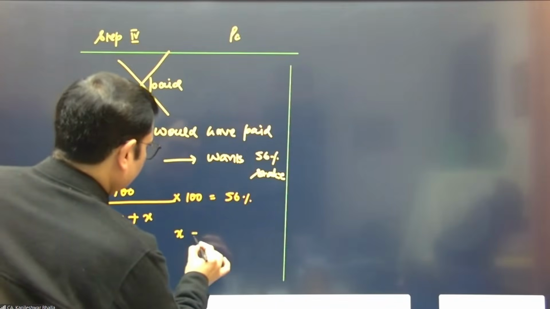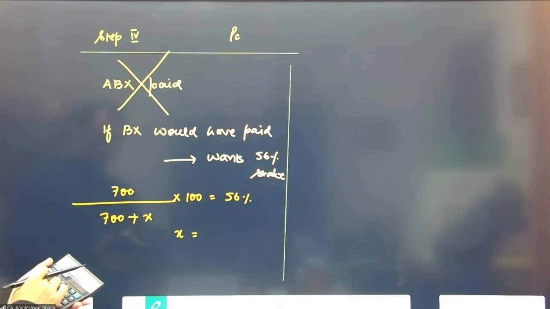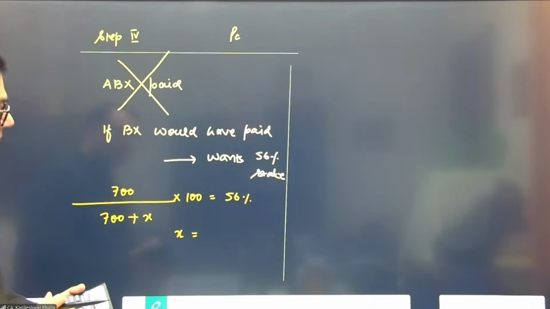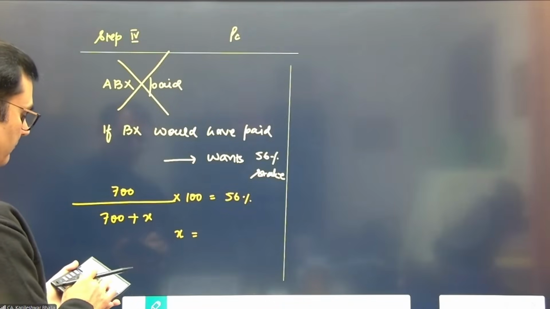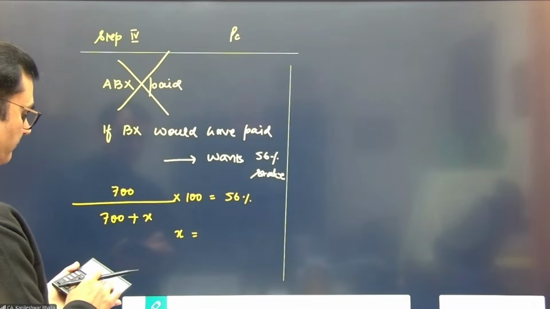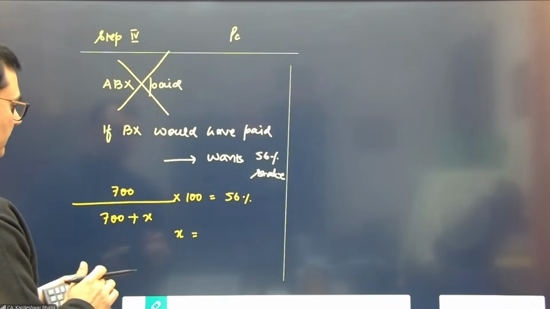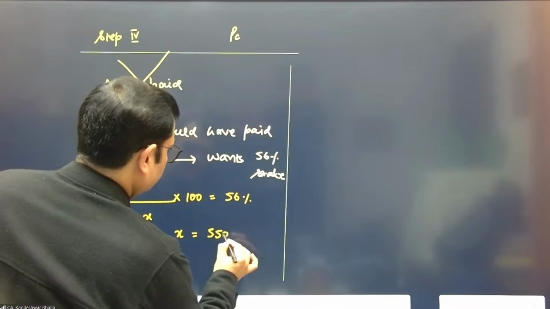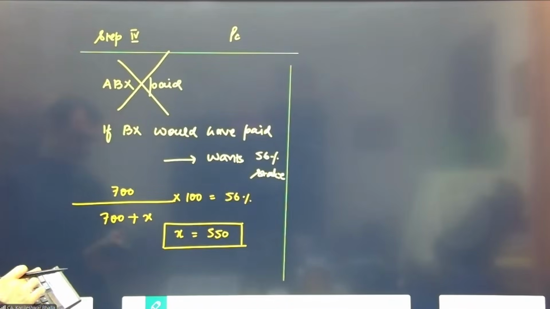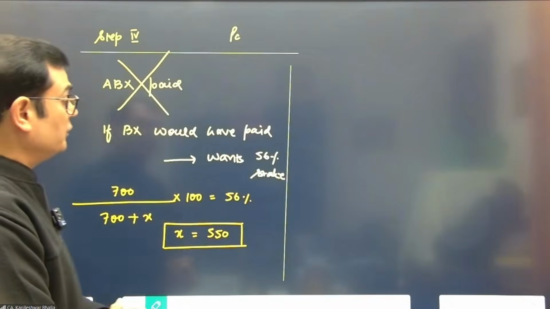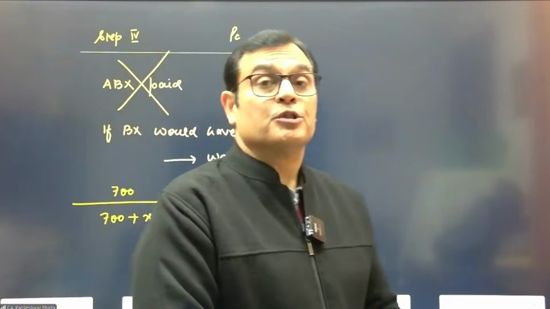So how much will be the value of X? Is it coming to 550, I guess? Just see, is that coming to 550, I think? Yes, I think so. That's right, absolutely. So we get X: BX would have issued a total of 550 shares to the shareholders of AX.